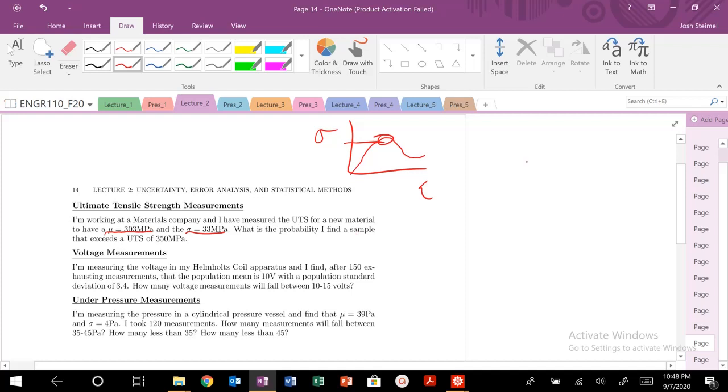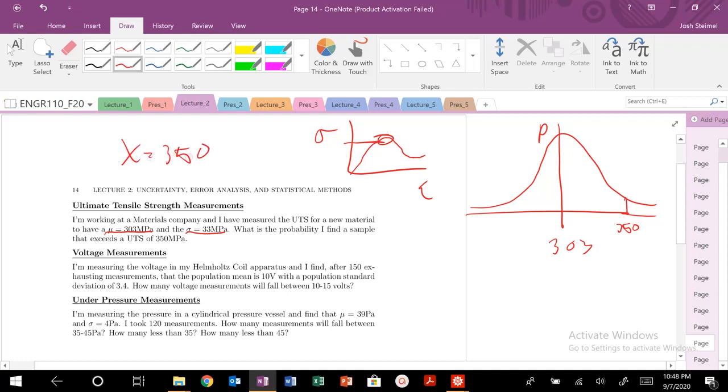I like this problem because it allows us to draw this distribution. So our mean is 303. So we're centered around the mean. So we're trying to find the probability. So some measure, 350. So our x equals 350. We want to see what's the probability that our measurement exceeds 350.